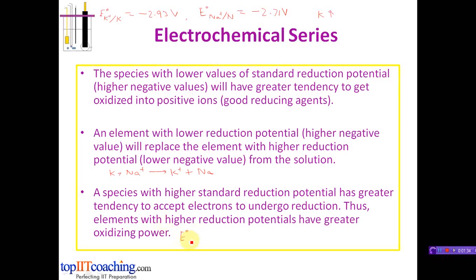For example, the reduction potential of bromine is equal to 1.09 volts, and that of chlorine is equal to 1.36 volts. So chlorine is a stronger oxidizing agent than bromine.